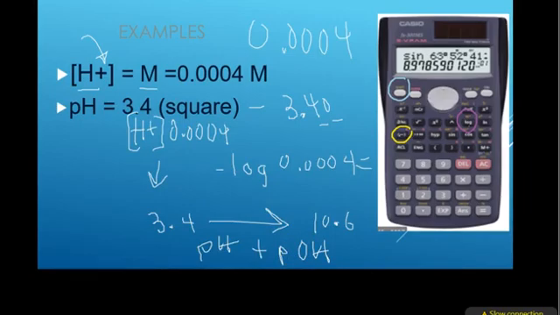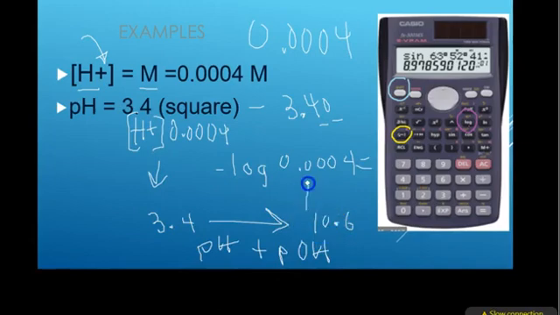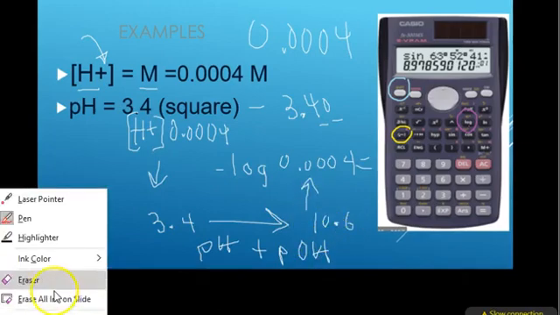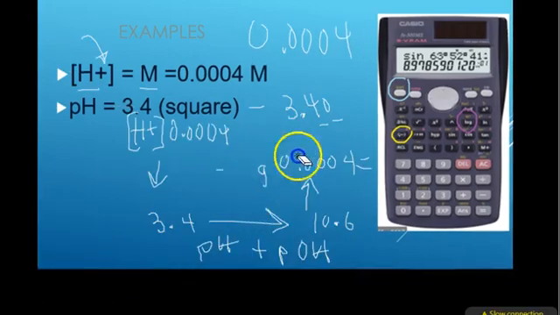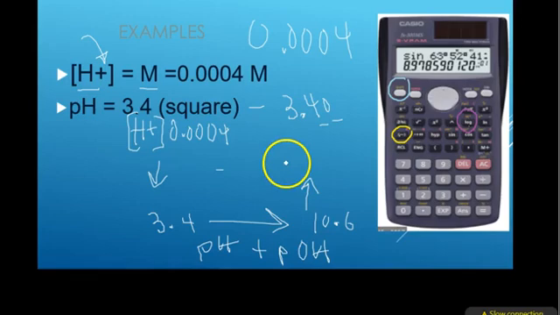All right. The reason I do it that way is because when I head up to do my next set of calculations, I am going to take in my calculator, because remember now I'm going up, the shift log of my negative answer.